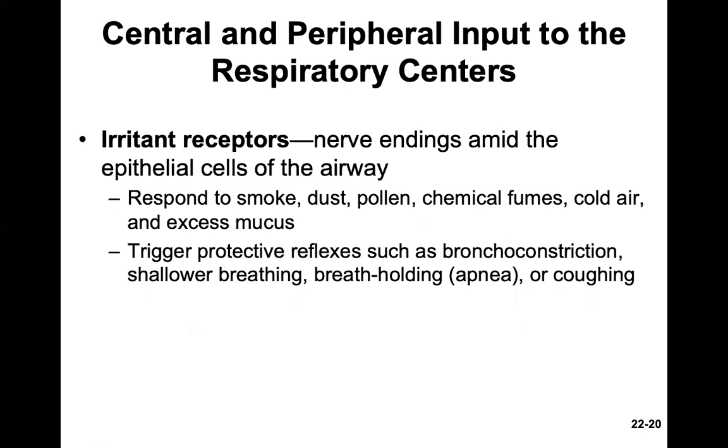Irritant receptors. These are nerve endings near and around the epithelial cells of the airways. When you have anything like smoke, dust, pollen, chemical fumes, cold air, excessive mucus in your airways, then these irritant receptors will pick up on that and will trigger a response like bronchoconstriction, or closing off your bronchi, and more shallow breathing. So you're not inhaling any of these irritants deeper into the lungs.